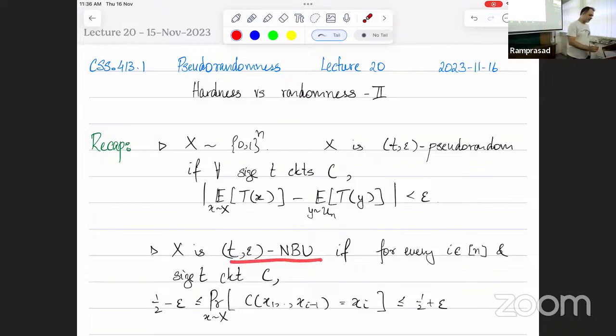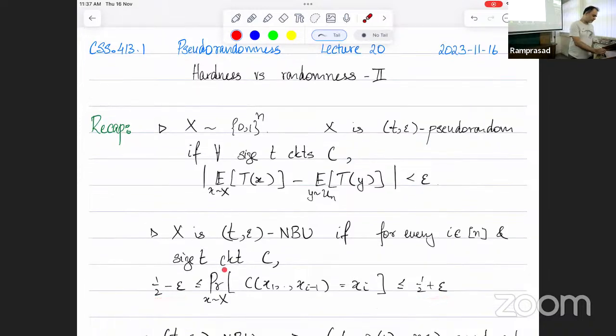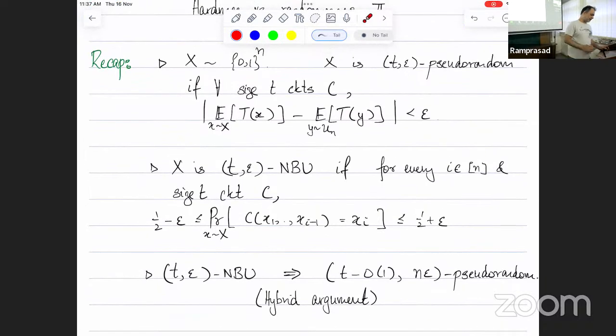And next bit unpredictability says that for every i you can choose among the locations, there is no size t circuit that guesses the ith bit given the prefix with non-trivial advantage. I want this to hold for all possible circuits C and any possible i. None of the bits must be predictable given the prefix. These are the two notions we were looking at last time, and one direction was very easy: if something was pseudorandom, of course it was next bit unpredictable.